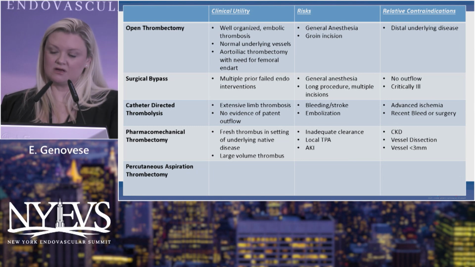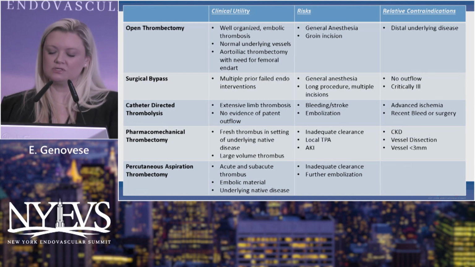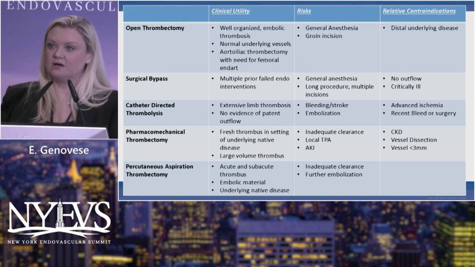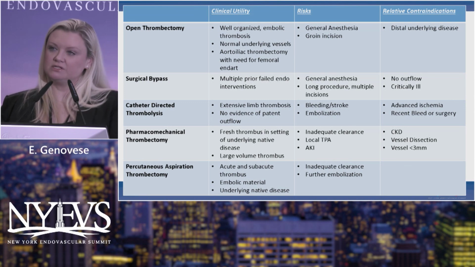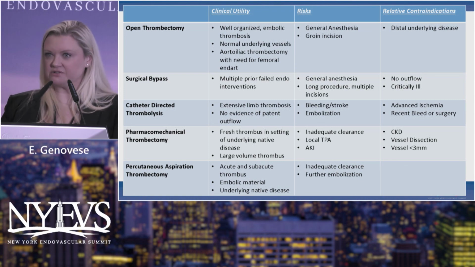You do have that risk of CKD and augmenting that with acute kidney injury, and you can't use it in a vessel that's less than 3 millimeters, or if there's already a dissection, because that vortex will worsen the dissection. Percutaneous aspiration thrombectomy really is the wheelhouse for me. I use this on acute and subacute because of the different techniques that you can use with it, and you can also treat underlying vessel disease in conjunction. And I really don't have any major contraindications.